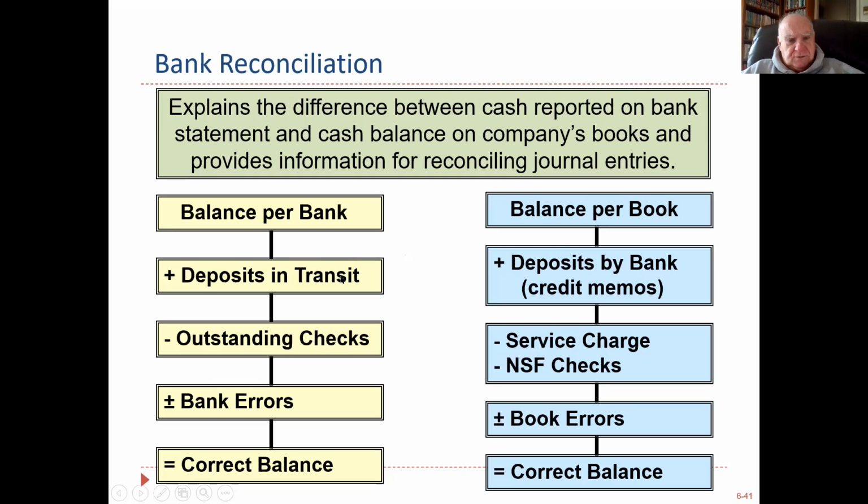Perhaps these deposits in transit were recorded in our books on December 31st, and then you put it in your drawer and you came back to work maybe 5 days later and then took it to the bank. Well, that's going to mean that the bank balance on December 31st is not going to have this information.